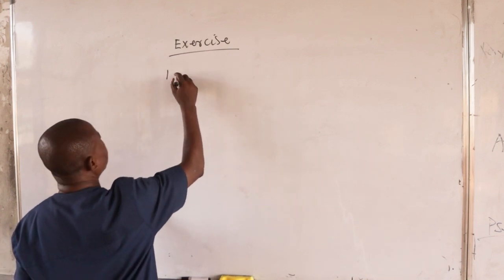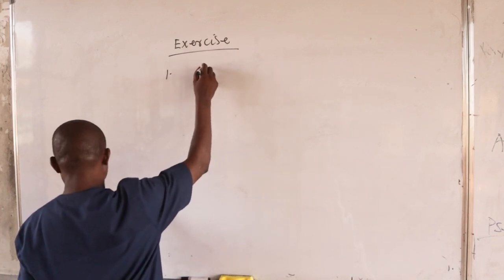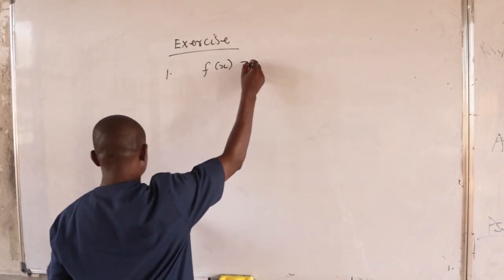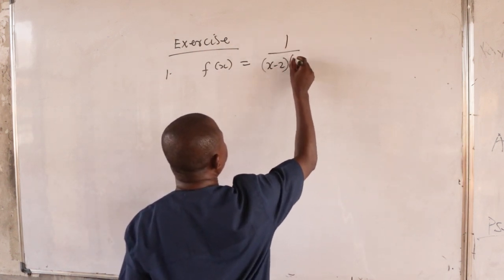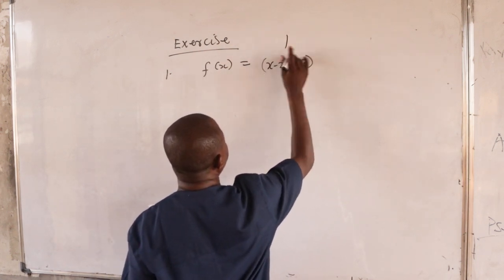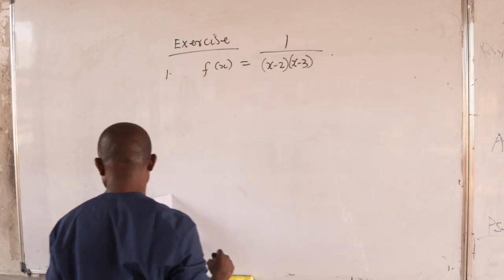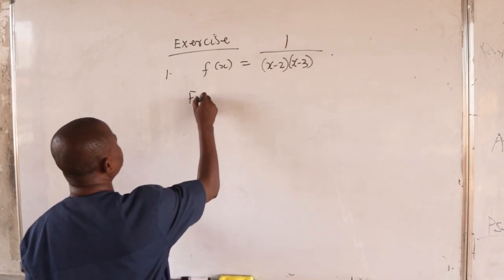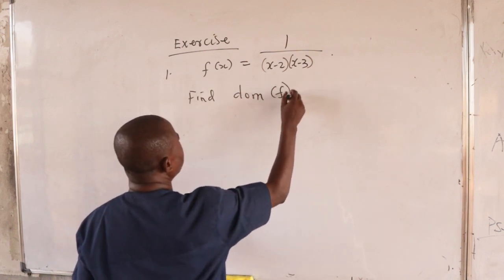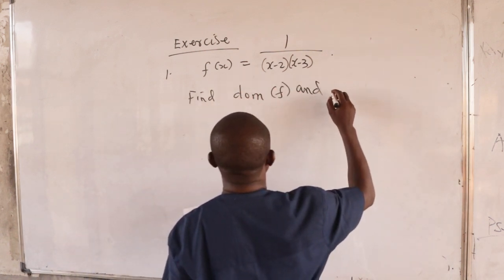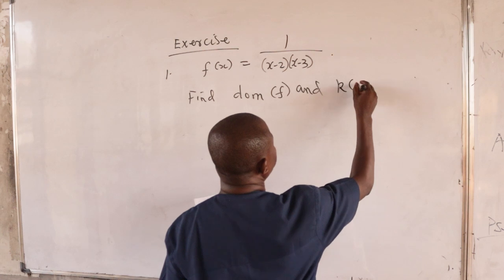One. Let's define f of x to be 1 over x minus 2 multiplied by x minus 3. The question is, find the domain of f and the range of f.